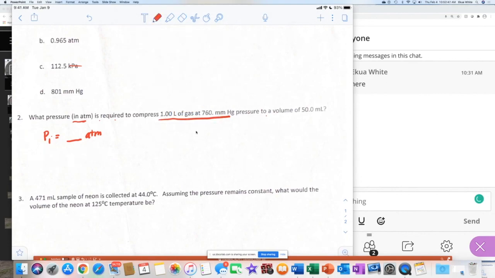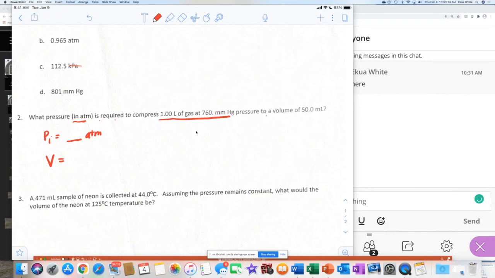They're trying to figure out the volume of the gas. The volume goes from 1 liter to 50 milliliters. So 1 liter is a huge volume, 50 milliliters is a small volume. So they're asking what pressure can you apply to 1 liter to take us to 50 milliliters.